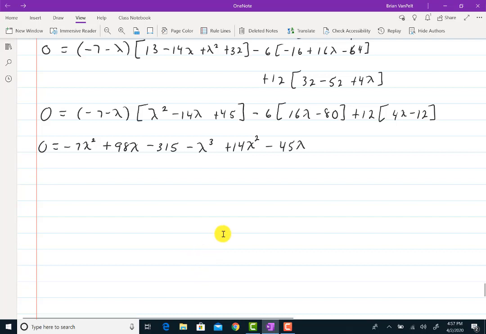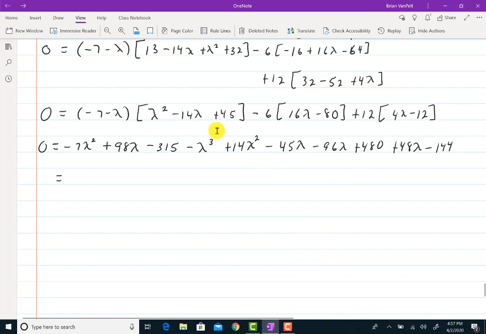Now, then over here, I'm going to get negative 96 lambda plus 480. And then for this last piece, I'll get plus 48 lambda minus 144. 12 times 12 gave me that. So let me go ahead and collect all of my terms.